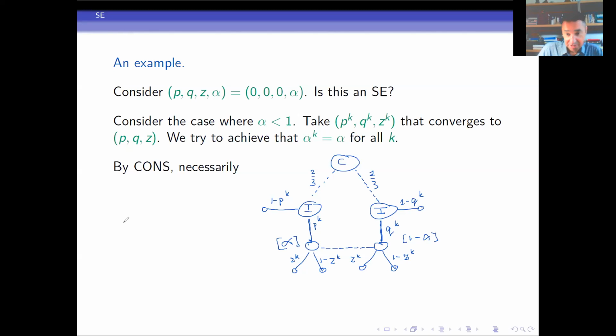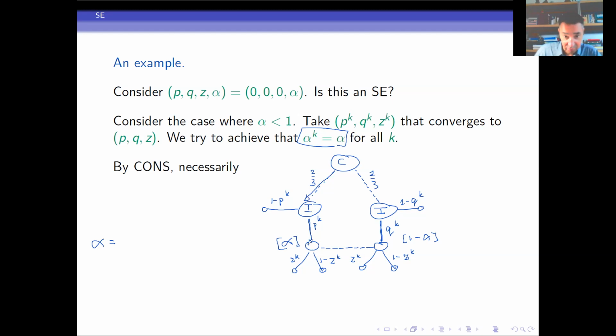So we're going to apply Bayes' rule, and if we want to keep the alpha k equal to alpha, like we stated over here, then what does that mean? It means that alpha has to be equal to, well, the conditional probability is given by Bayes' rule. So what is the probability to be in this node on the left-hand side?